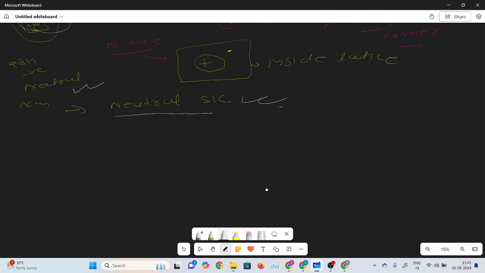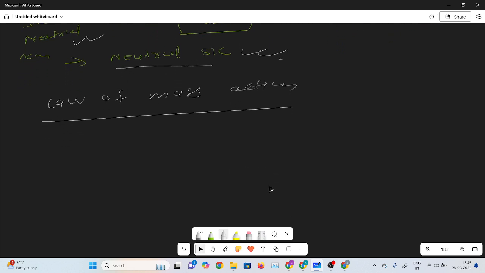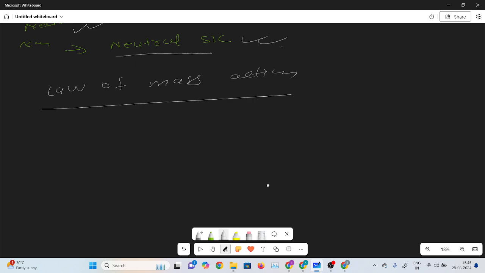how you can calculate the minority carrier concentration, the hole concentration. For that purpose we have a law, the law of mass action. According to the law of mass action, in any semiconductor bar, the product of the concentration of free electrons and holes will always be the square of the intrinsic carrier concentration.